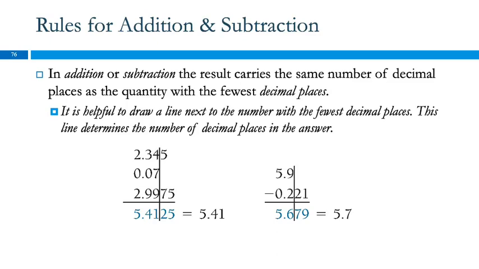Another way you can think about that is think about, well, what's the uncertain digit in each of these numbers? It's the last digit, right? So this is uncertain in the first number, and the 7 is uncertain in the second number, and this last 5 is uncertain. When I'm adding these together, I'm going to add this 5 to what's there?